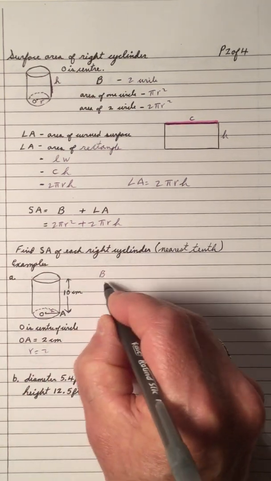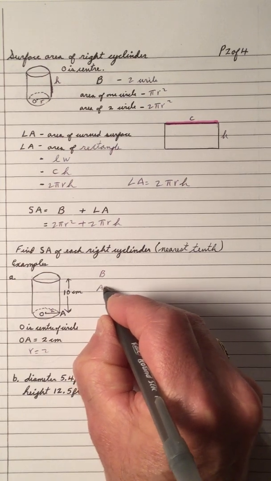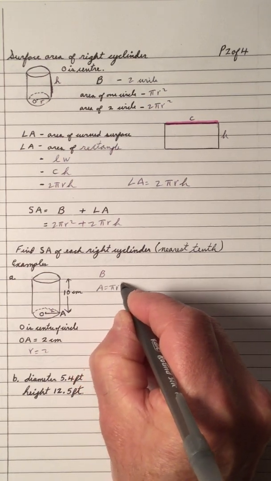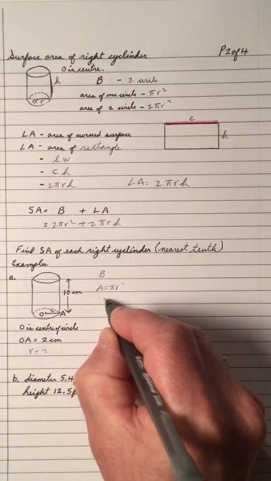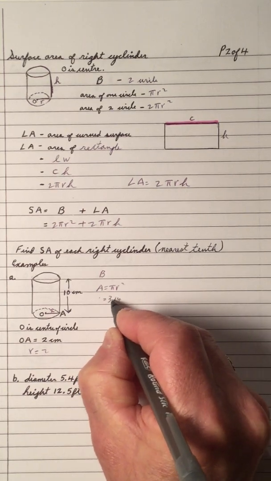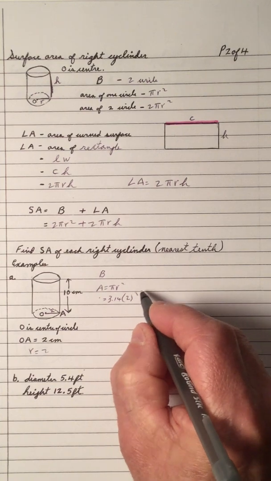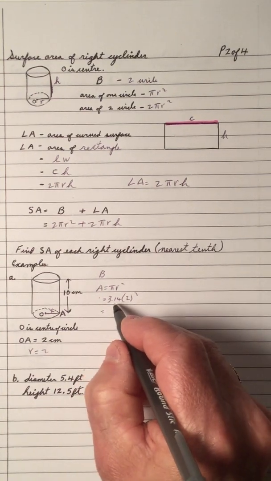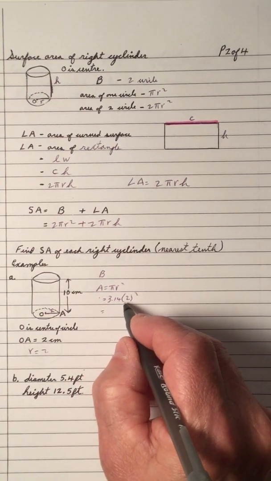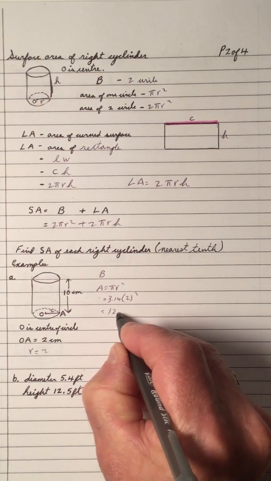Let's look at B, which is the base area. I can find the area of one circle, which is 3.14 times the radius, which is 2 squared. And when you put that in a calculator, 3.14 times 4, you'll get 12.56.